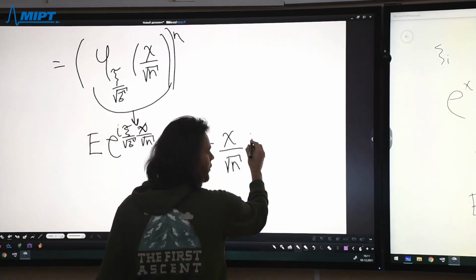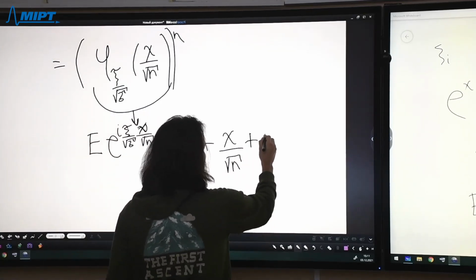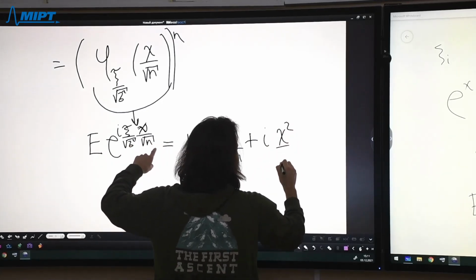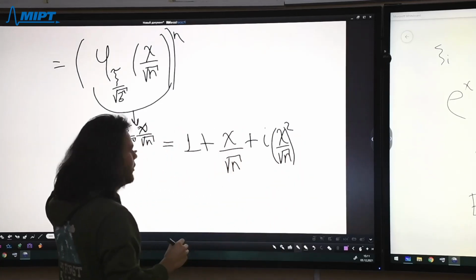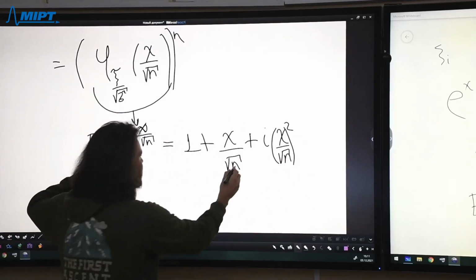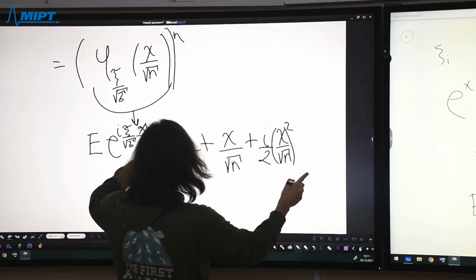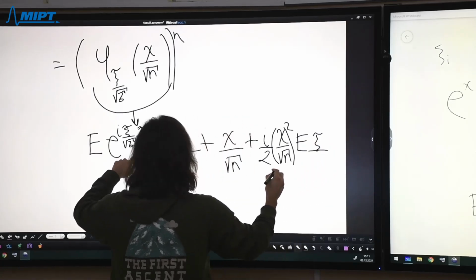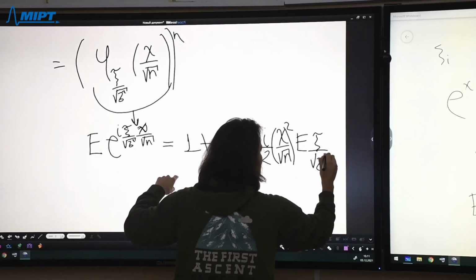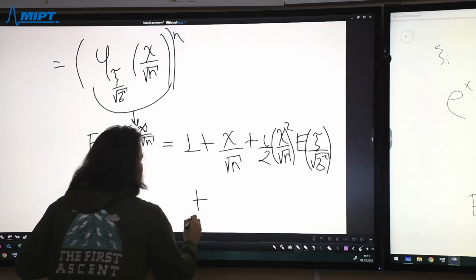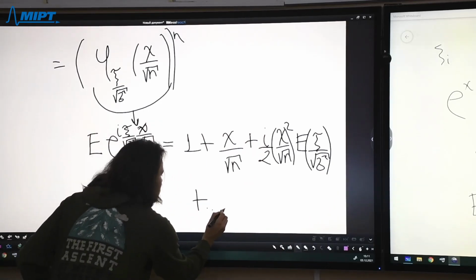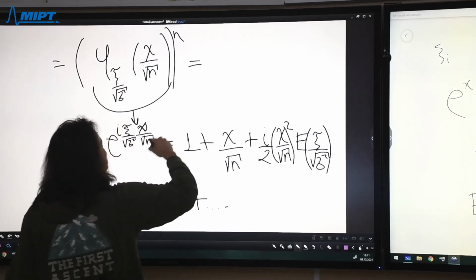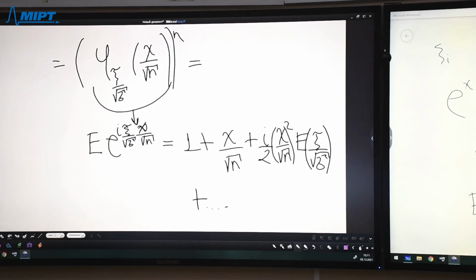Then we have next plus i, and I have x over the square root of n, everything squared, and over 2, and the expected value of psi, the expected value of this over this, plus something else, right?